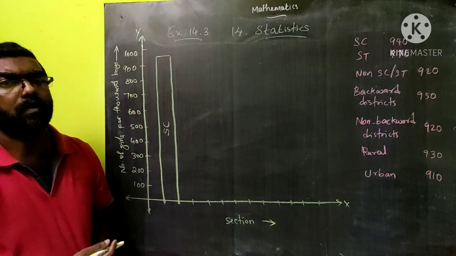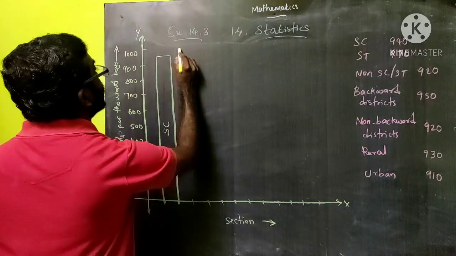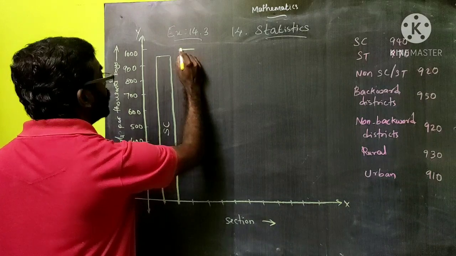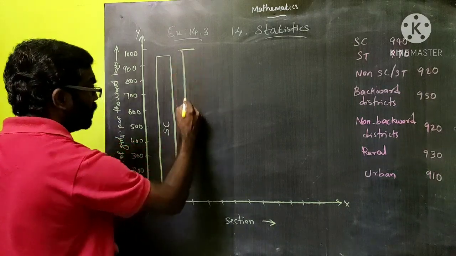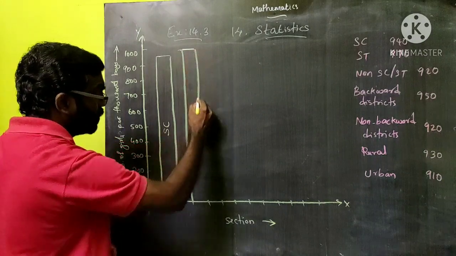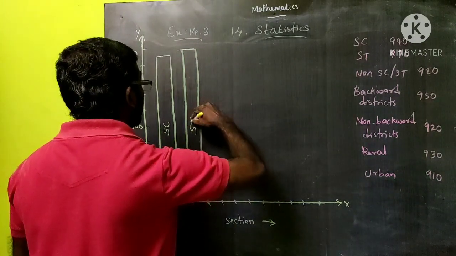Then scheduled tribe 970. So here we can mark, okay, this is scheduled tribe.